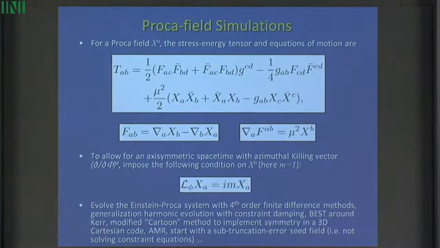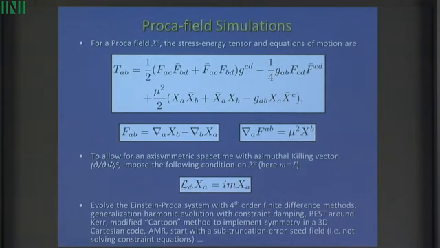Oh yeah, this is the system of equations. Let me just mention one thing, another trick that we used to allow us to solve this 10 to the 5m time scale. As I mentioned, gravitational waves can carry angular momentum in axisymmetry, so we had to do the full 3D problem.